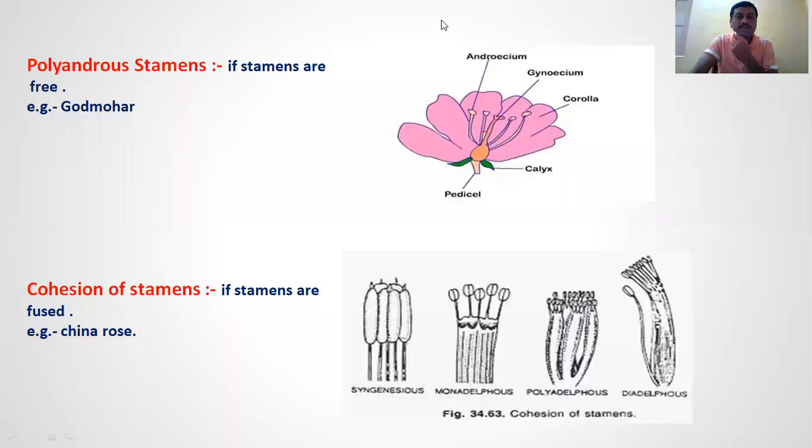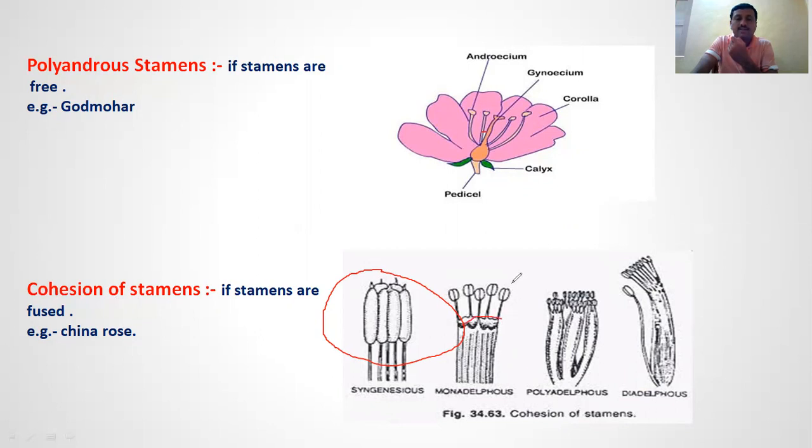Second is the cohesion of the stamens. The stamens are fused to each other like finger-like structures. These stamens are attached or fused to each other and do not separate, like in these diagrams. Their filaments are attached.